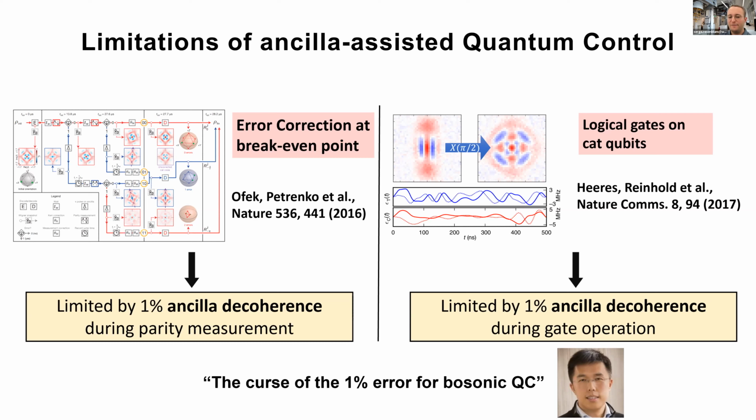And so you get this 1% error probability in the ancilla, which then propagates to the logical qubit. Similarly, when you try to apply gates to your logical qubits, you also get this 1% error probability. This was nicely phrased by Liang in his opening lecture, where he called this the 1% curse for bosonic quantum computing.